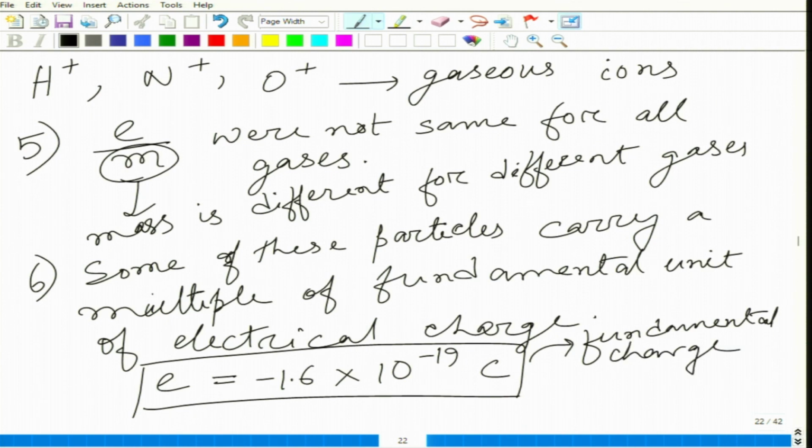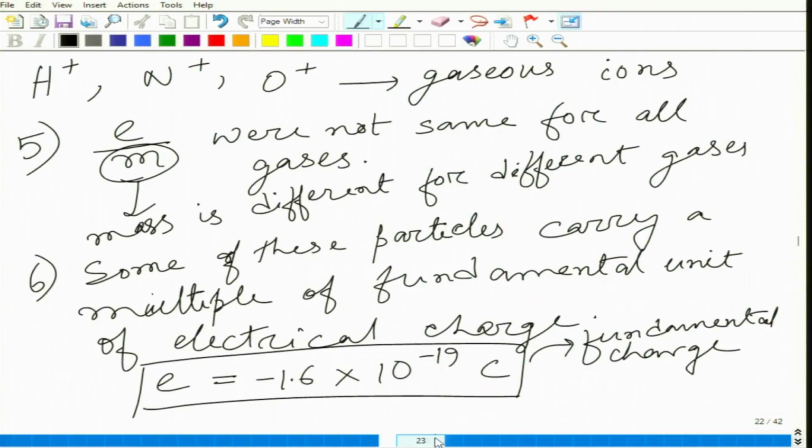So, if protons are the positive equivalent of electrons, or if the anode ray particles and the electrons together maintain the neutrality of the atom, then each anode ray particle must have charge equal to that of the total charge of electrons in that system.